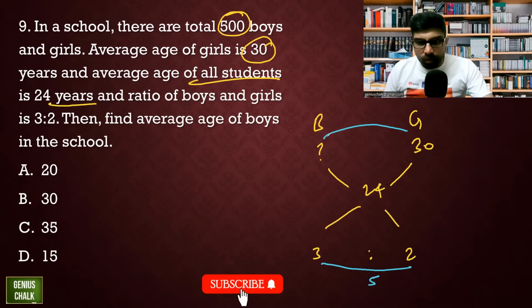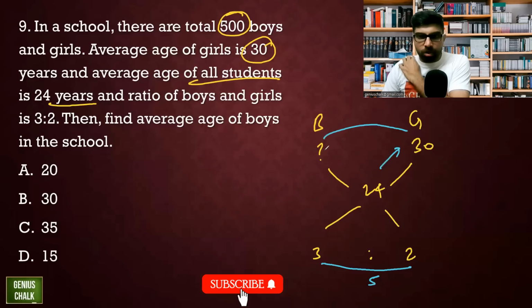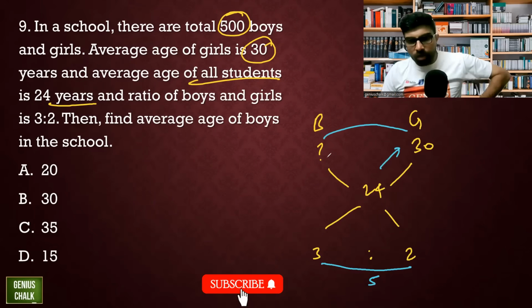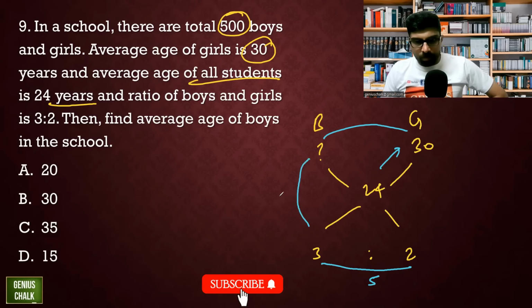So in this way, if you try to find like this, 24 and 30, this is more than 24, so this value must be less than 24, right? Here there is nothing to check for this, so either we can check from the options, or the best method is to apply the N1 A1 approach.